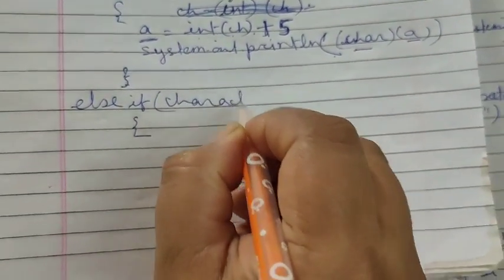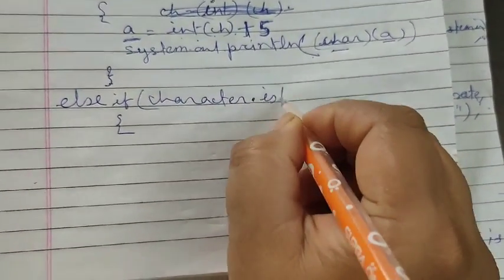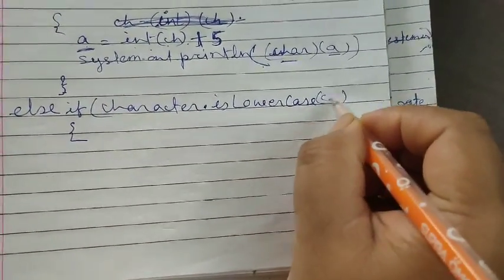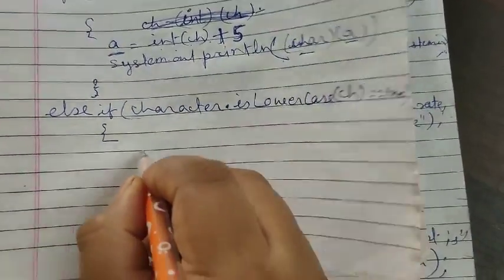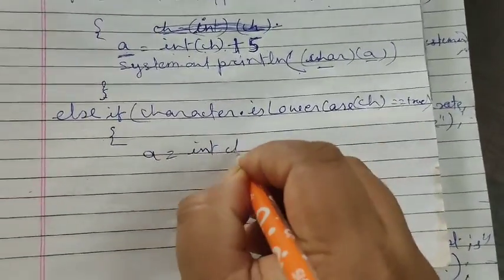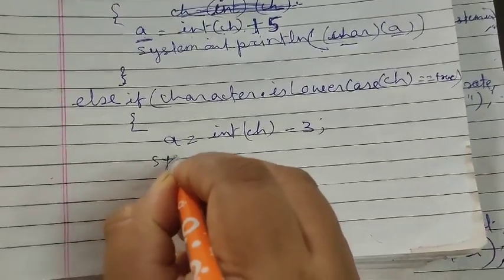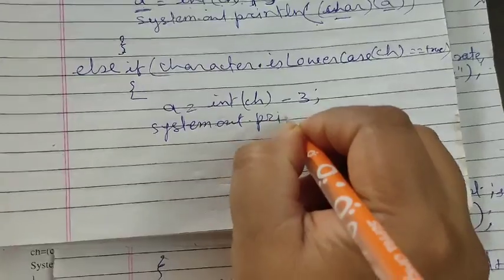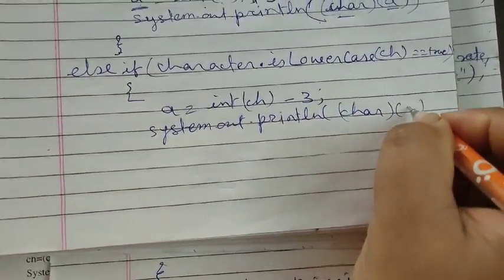Character.isLowerCase(ch) equals true. If it is true, then a is equal to int ch minus 3, and then I will print System.out.println, char of a.